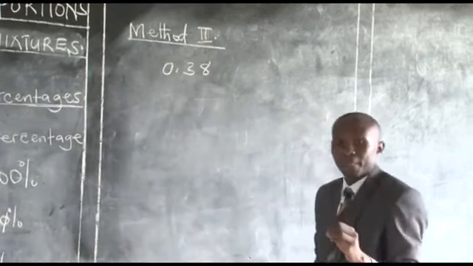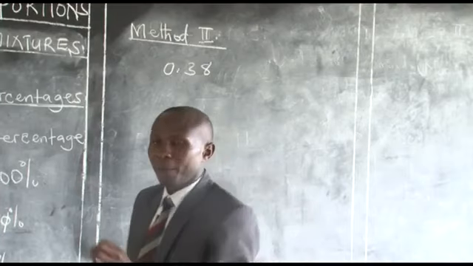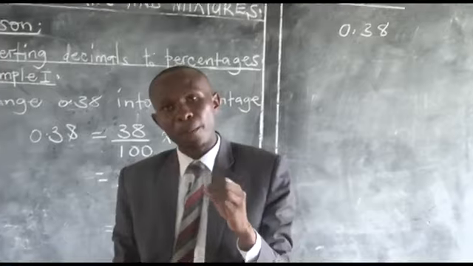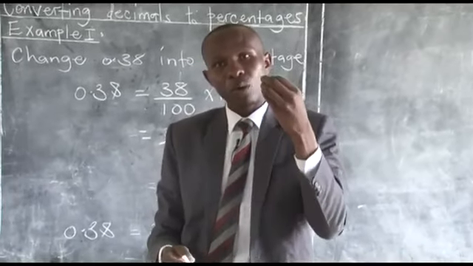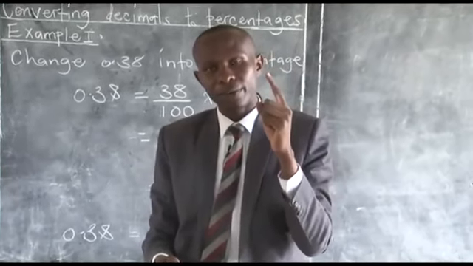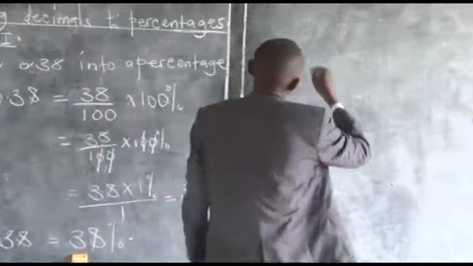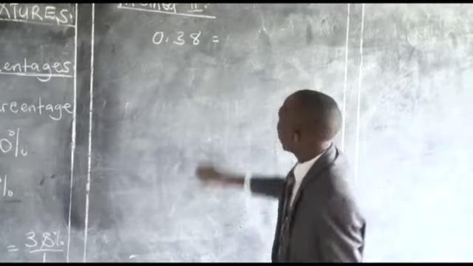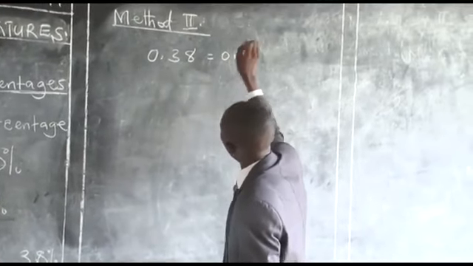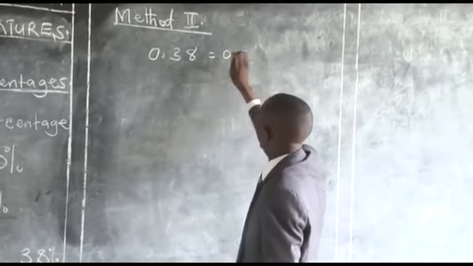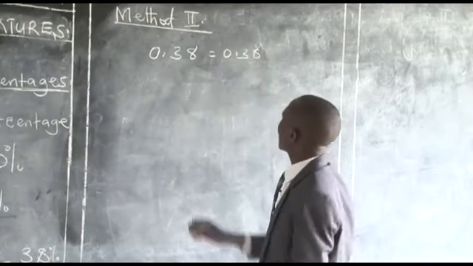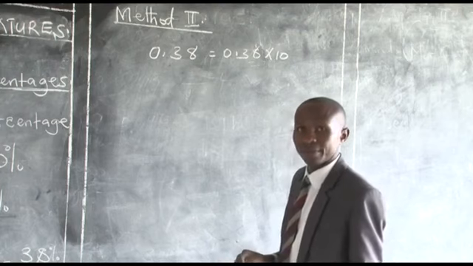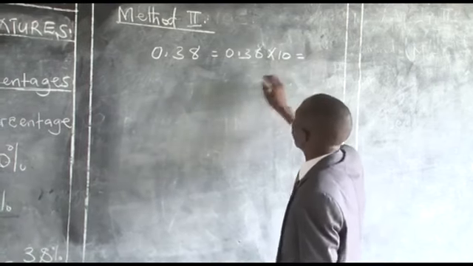Any decimal number multiplied by 10, its decimal point moves backwards one step. This is what I'm trying to mean. When I have 0.38 times 10, it will give us this.